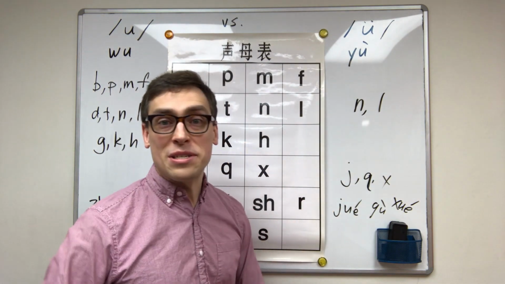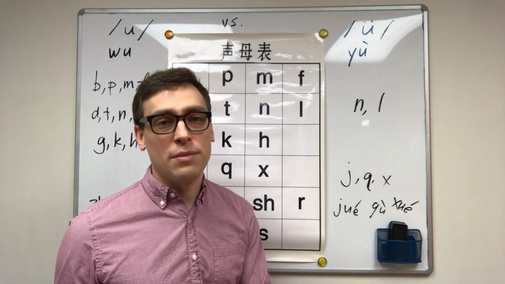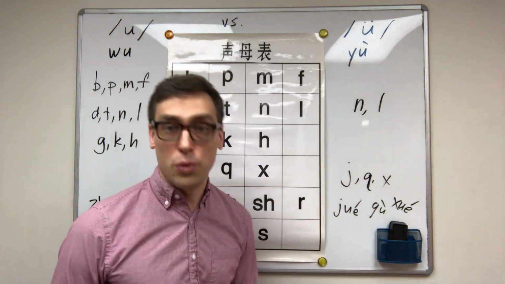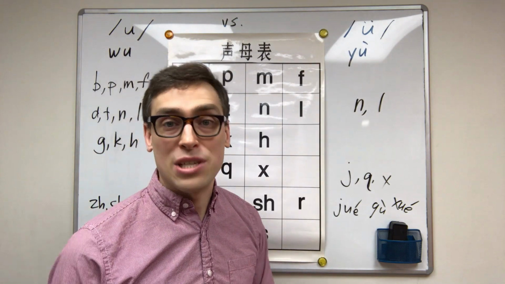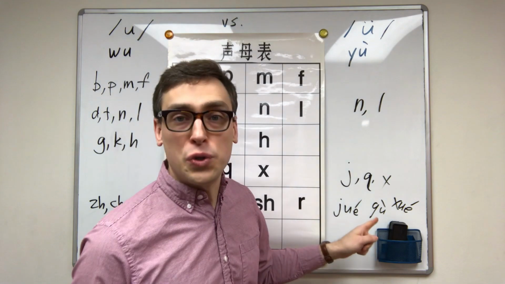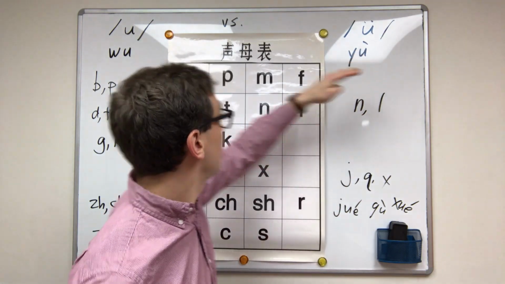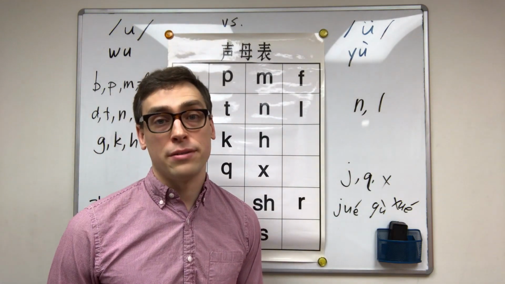So make sure this is something that ends up being a convenience for you as opposed to something that is confusing. Whenever we say a j, q, x, u, that includes a yu, it's always ü. 觉, 去, 学. It can only be this. It cannot be this. Therefore, we don't have to write in the two dots.